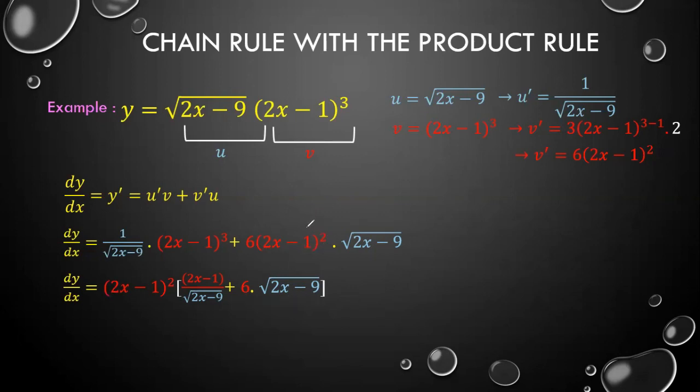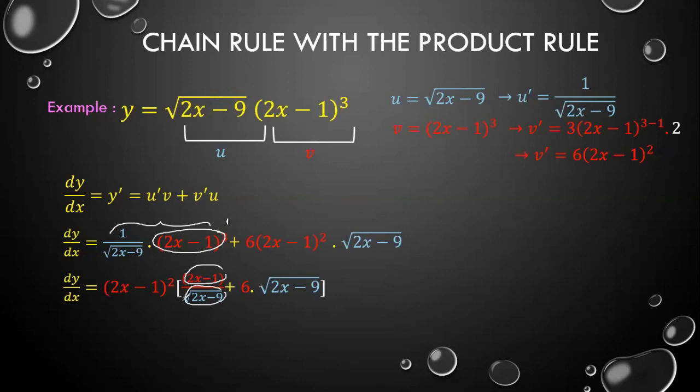Okay, once again, I want to explain this one. For the left side, I put 2x minus 1 squared out of the parentheses. So you can simplify this term, it means 2x minus 1 squared times 2x minus 1, with 1 left inside, and 1 over root of 2x minus 9 inside, right?